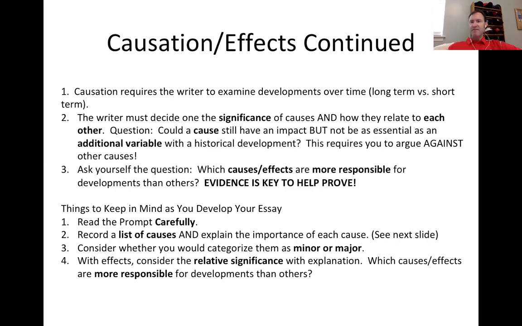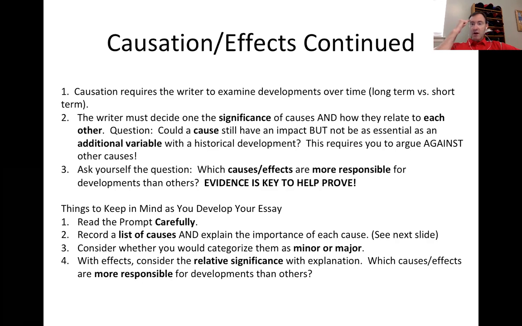You're examining the development of things like imperialism, militarism, or nationalism, things that developed over the course of 40, 50, 60 years, maybe longer. A short-term cause would be something like the assassination of Archduke Franz Ferdinand of Austria-Hungary, June 28th of 1914.